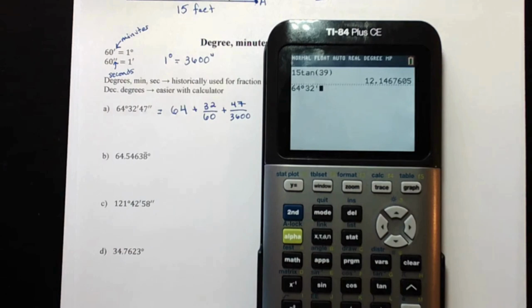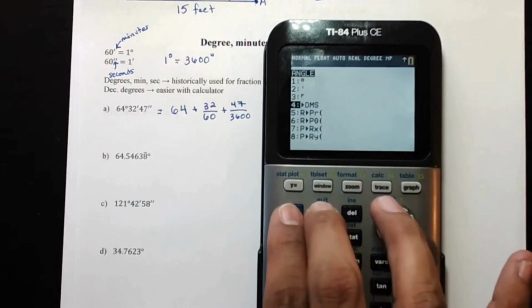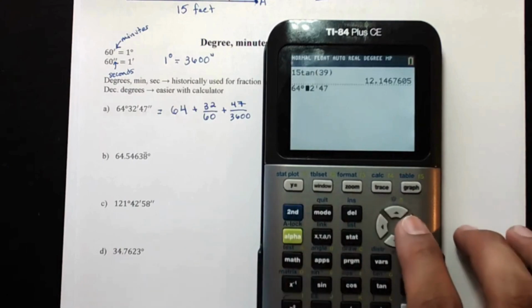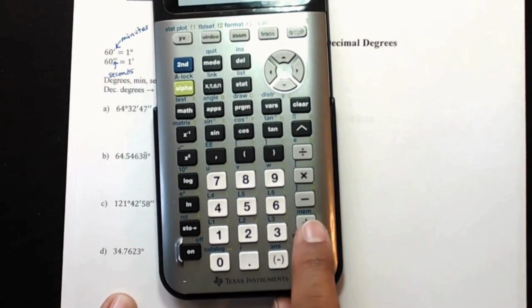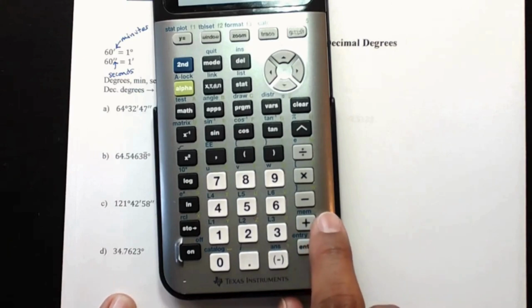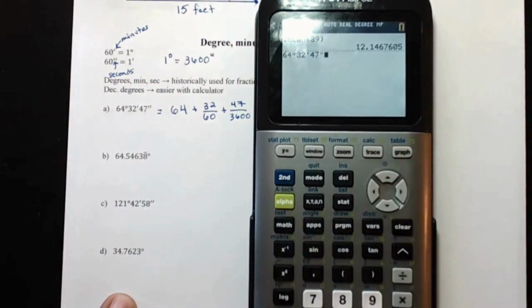And then we have 47, and then if you notice, there's no seconds. Well, what you actually need to do is look above the plus sign. In whatever alpha color you have, blue or green or whatever, you have the seconds button. So you press alpha plus sign and you get the seconds.